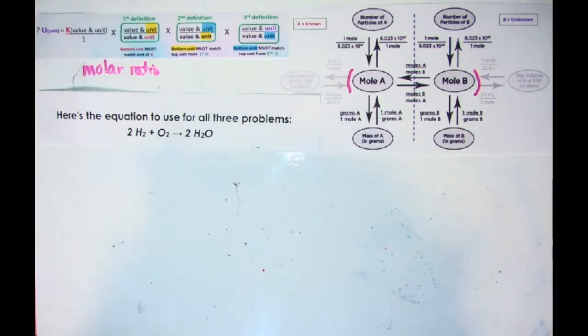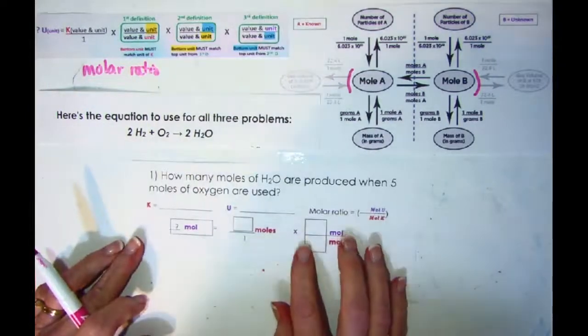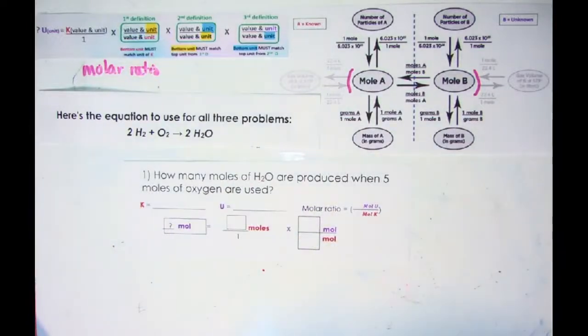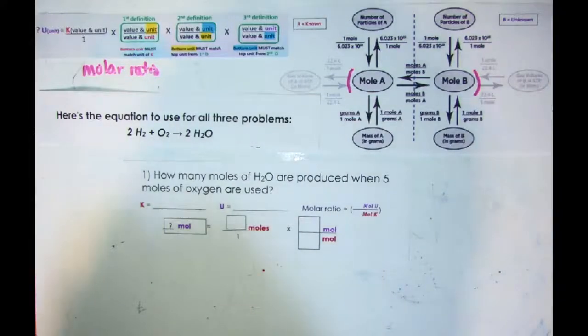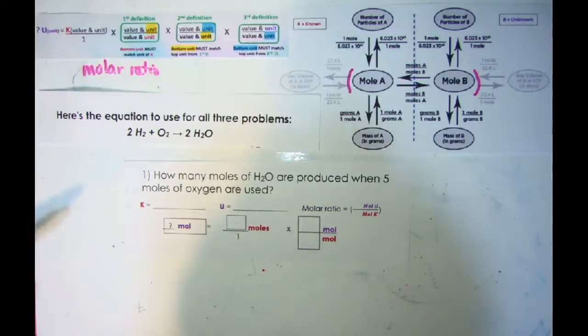Problem number 1 reads like this: how many moles of water are produced when 5 moles of oxygen are used? Your job is to determine who the known is. The known is what we know more about.